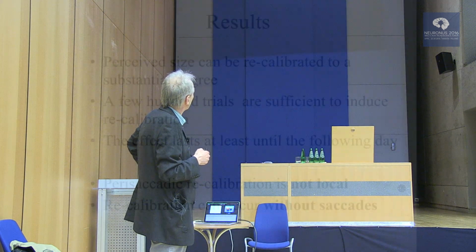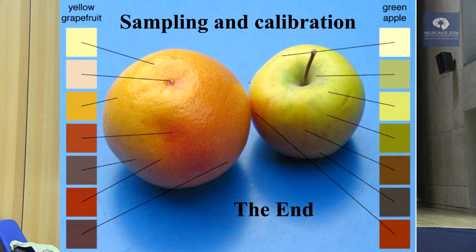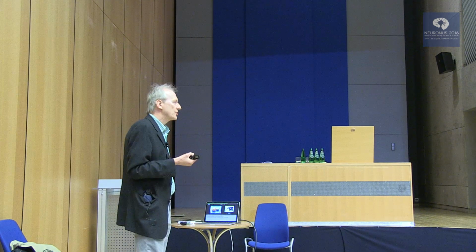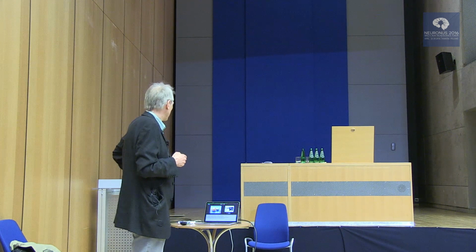So just as a summary, recalibration is not strictly local and it can occur without the saccades. But to get back to the basic questions, what I hope I've convinced you of is that even for very basic perceptual judgments like brightness or size judgments, the movements of our eyes are very important factors.